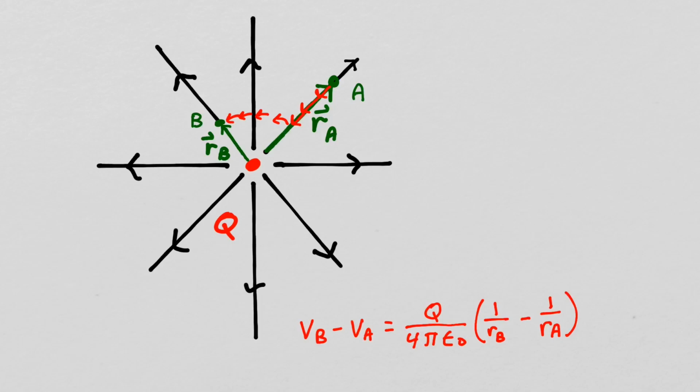Along this path, all the work was done when we were moving along the radial direction. When we were then moving perpendicular to the electric field, no work was done.